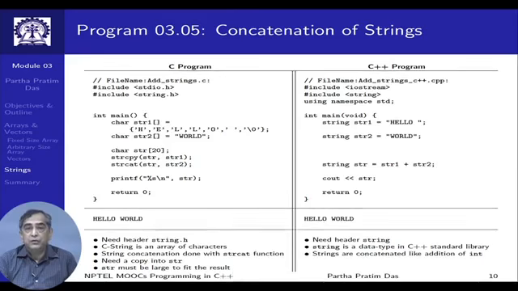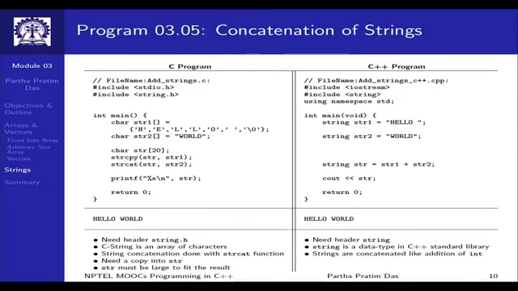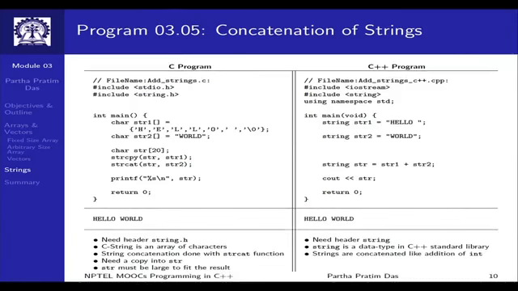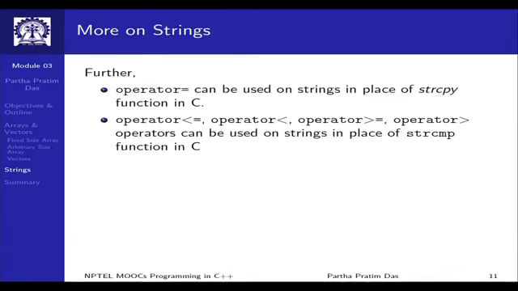In C++, you do not need to bother about any of these. When you declare the variable str as of type string and you initialize it with the concatenation of str1 plus str2, the compiler automatically takes care of managing the size and will give you a string which is large enough to contain the concatenation. So, there is a lot of ease in the whole handling of strings.